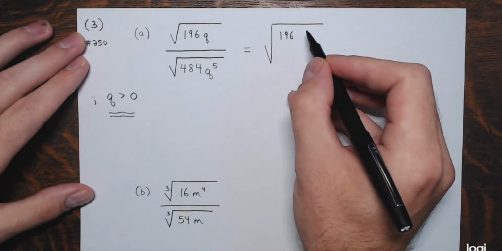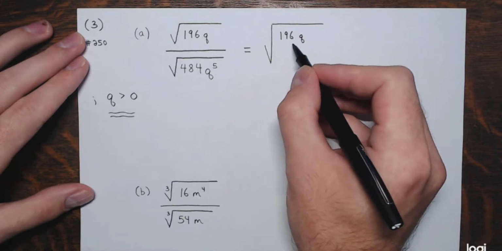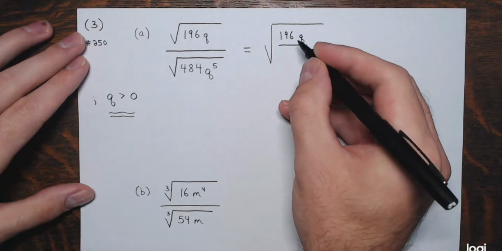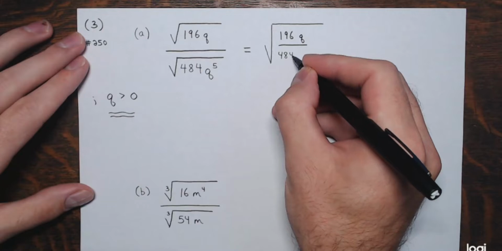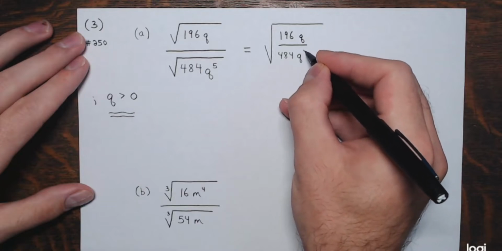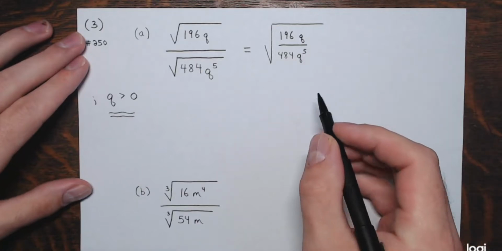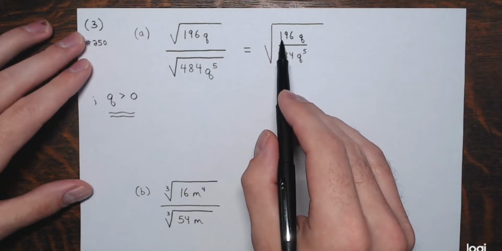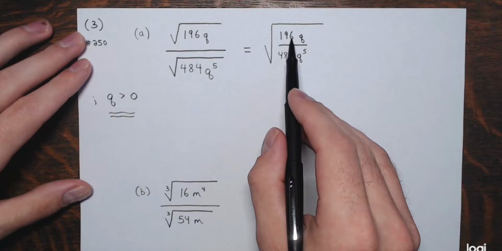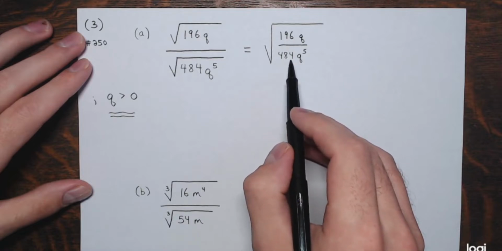I see something nice here. Let me just do this. So 196q over 484q to the 5th. And I know what the square root of 196 is. 196 is actually a perfect square, and so is 484. So I'm just going to do this.